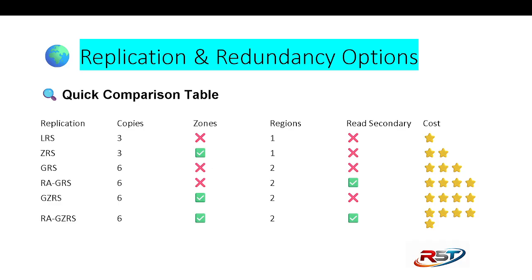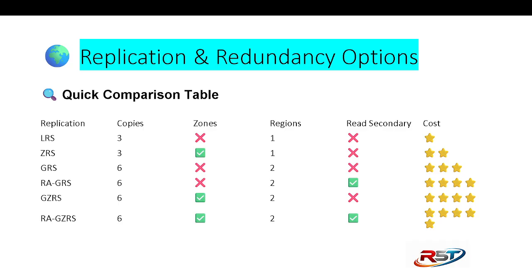Read secondary also not available, and cost compared to ZRS it is high cost. RAGRS it maintains 6 copies, don't copy any zones. Two regions it maintain, and read secondary it is available. Compared to GRS it is high cost only.